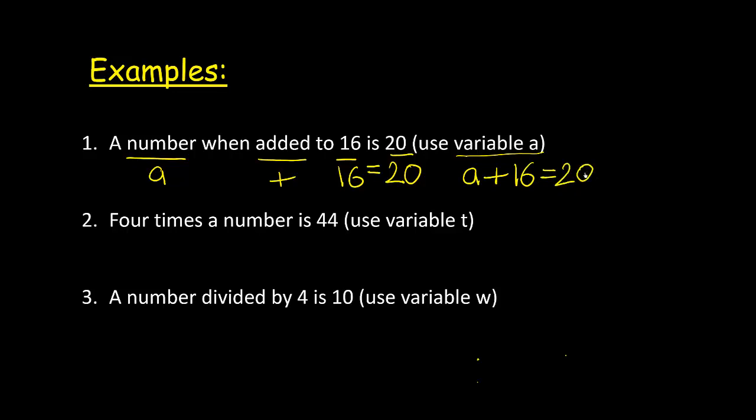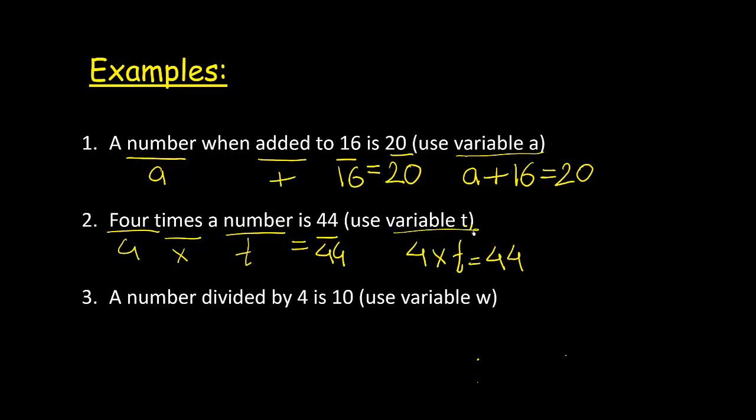Now in the next one we have: 4 times a number is 44. Use variable t. 4 times a number t is equal to 44. 4 times t is equal to 44. We didn't know the value of the number here, so we used the variable t.